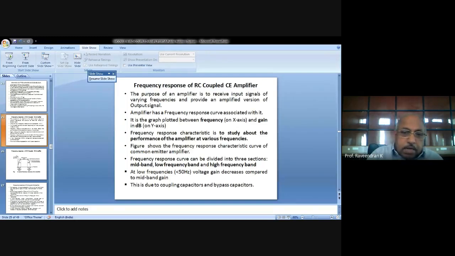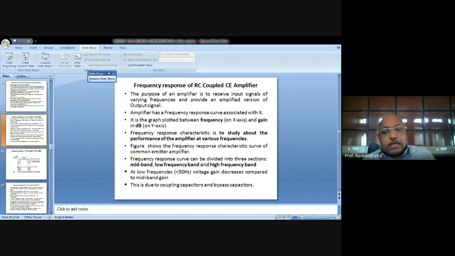From low frequency to high frequency region, we cannot expect an equal gain at all regions of the frequencies at which this amplifier is working. Or in other words, a CE amplifier has a mid-band frequency region where the voltage gain of the amplifier is almost constant, and that is from the low frequency point to the high frequency point.